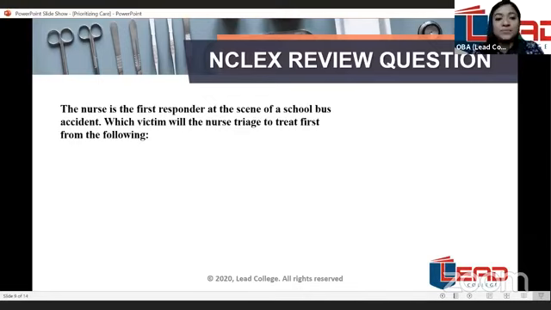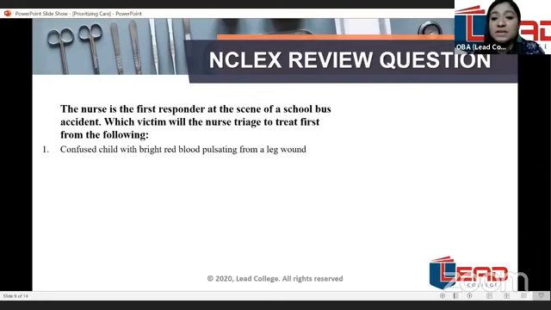So here, the nurse is the first responder at the scene of a school bus accident. Which victim will the nurse try to treat first from the following? The first child, a confused child with a bright red pulsating wound on the leg.